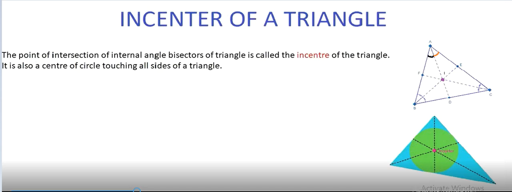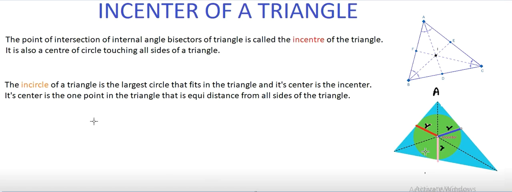That is, the point of intersection of the angle bisectors of the triangle and the center of the circle that touches all sides of the triangle will be the same point, and that point is called the incenter of the triangle.